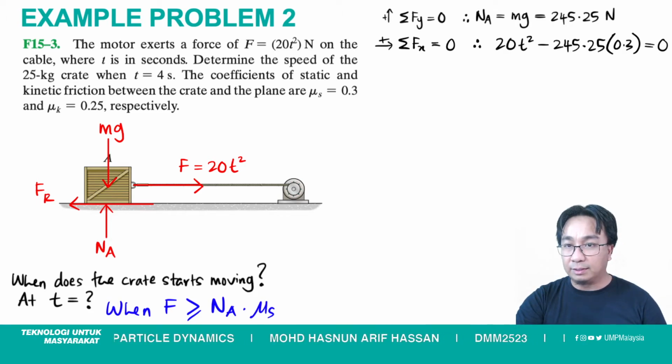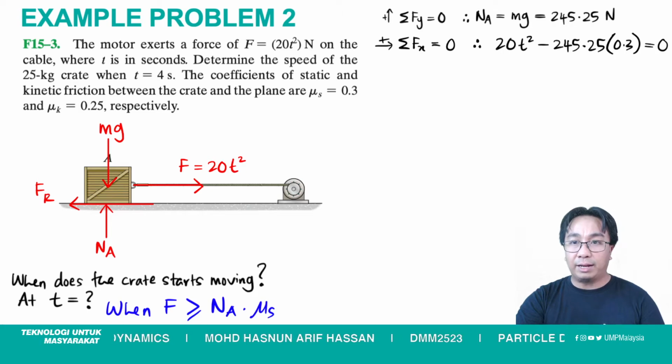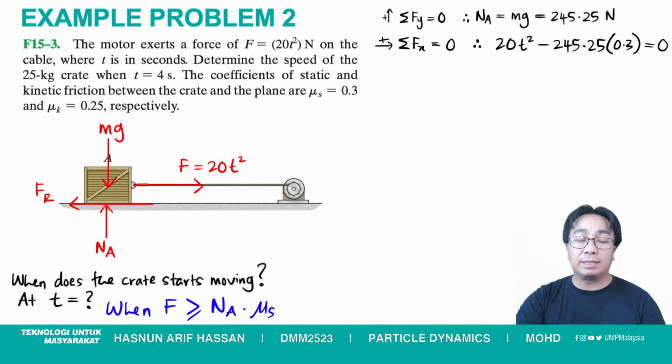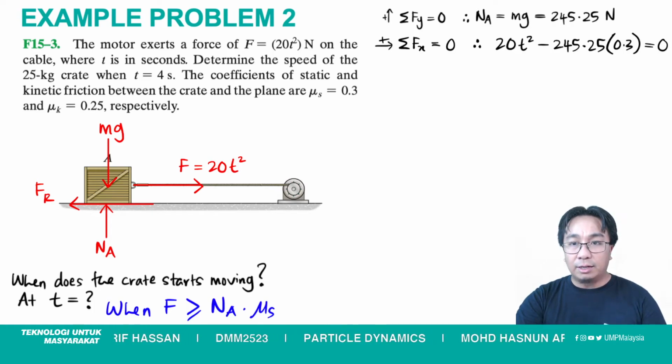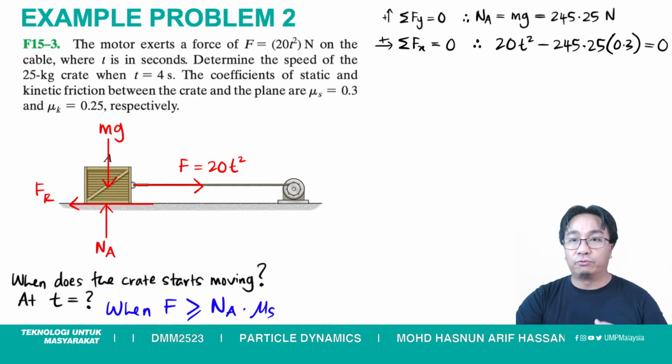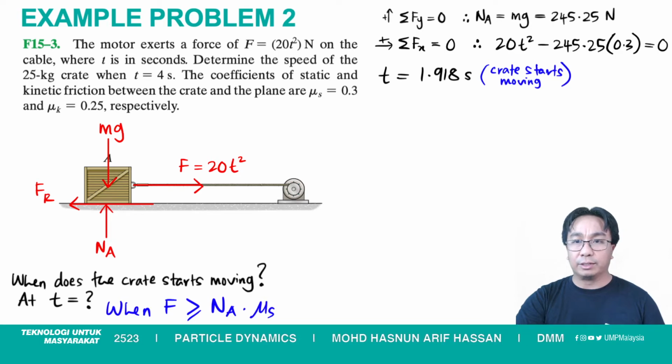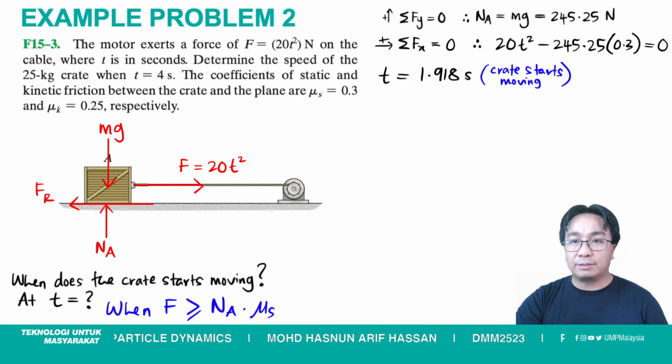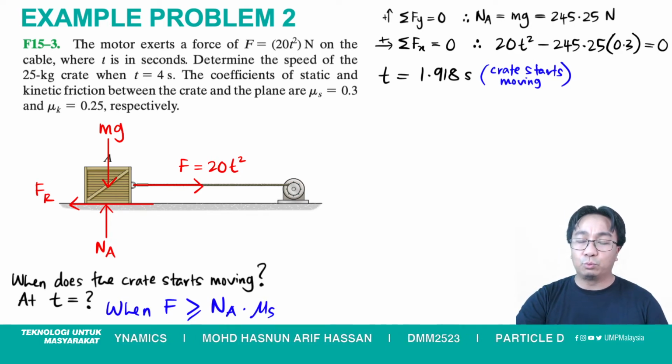So this is the logic behind this calculation. From this you can determine the time at which the crate starts to move. Solving the equation, we know that the crate starts moving at t equals 1.918 seconds.